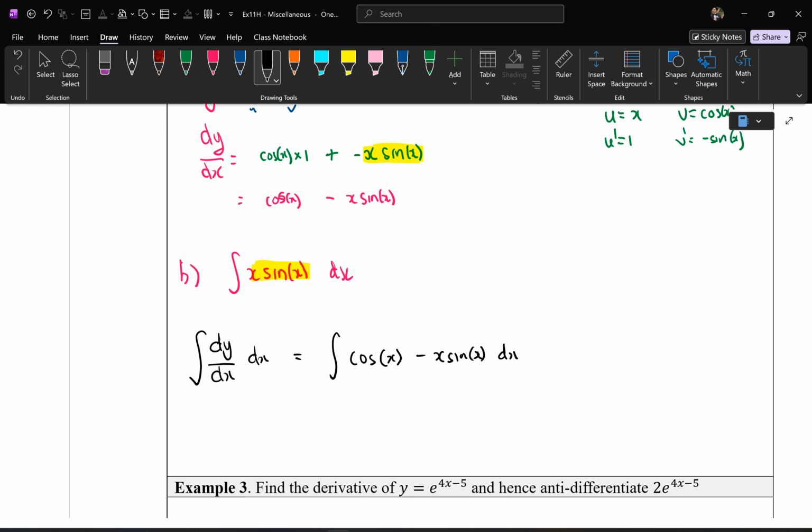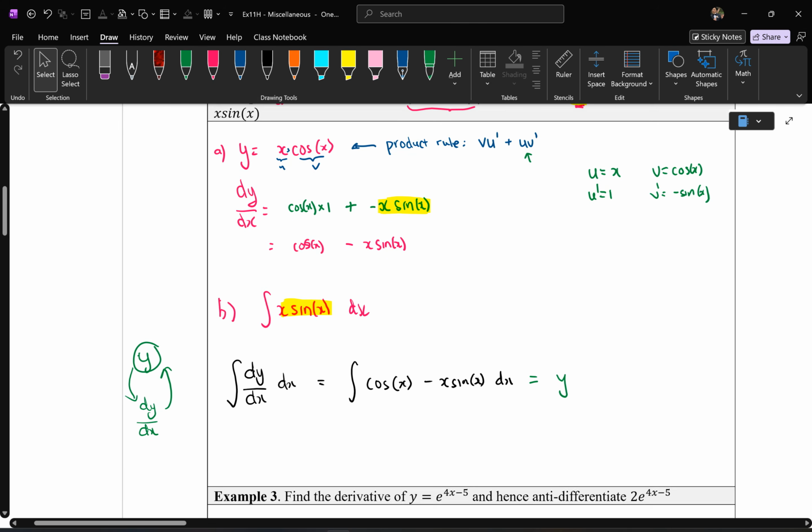So if you think about it in a flow chart, remember you start off with y, you found the derivative and it gave you delta y delta x, but if you do antiderivative, you should get back y. So that means this equation, I already know it's meant to equal y. But what was y equal to? Up here. Y was x cos x.